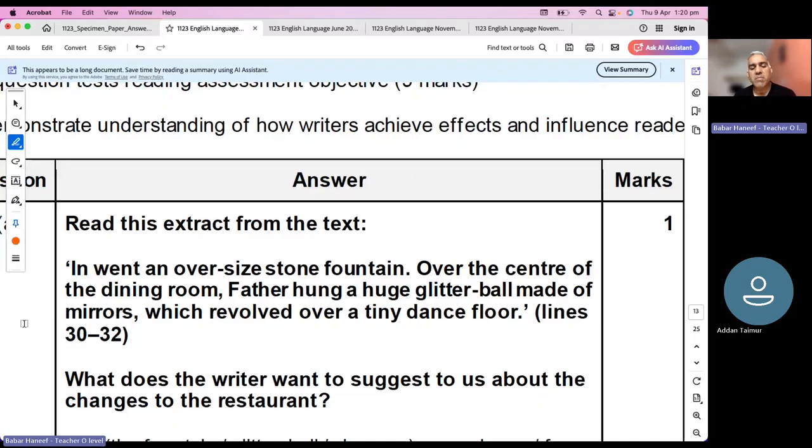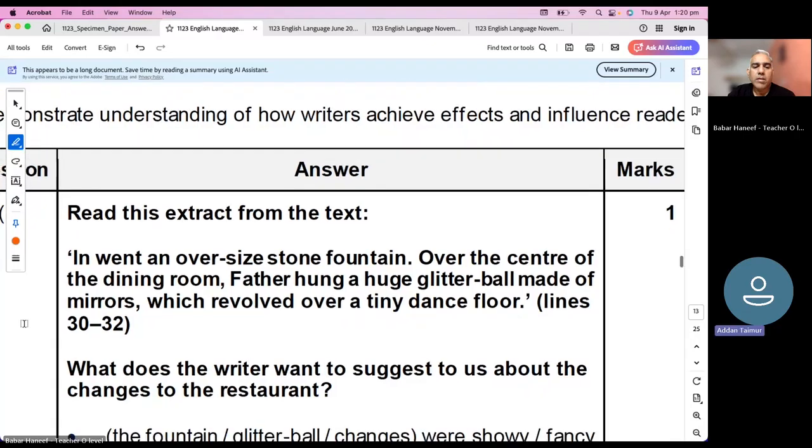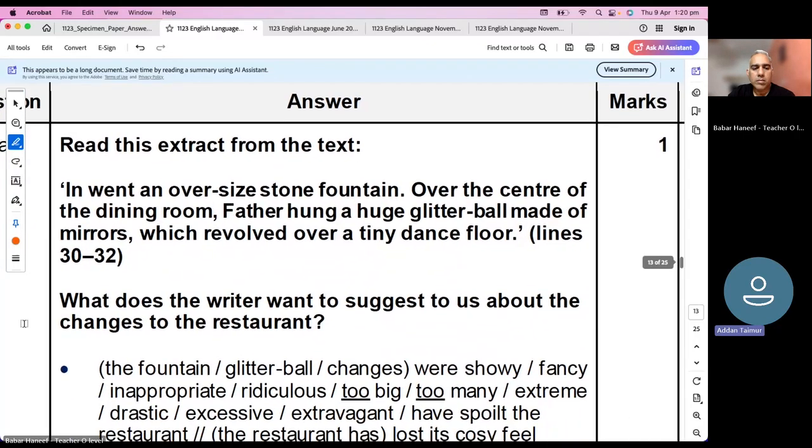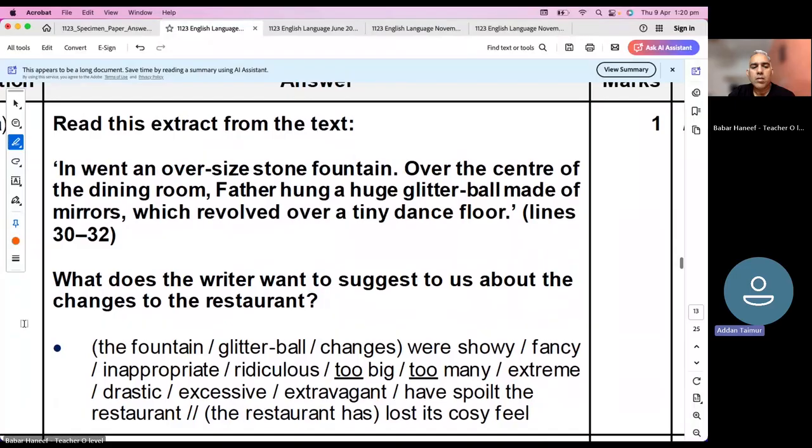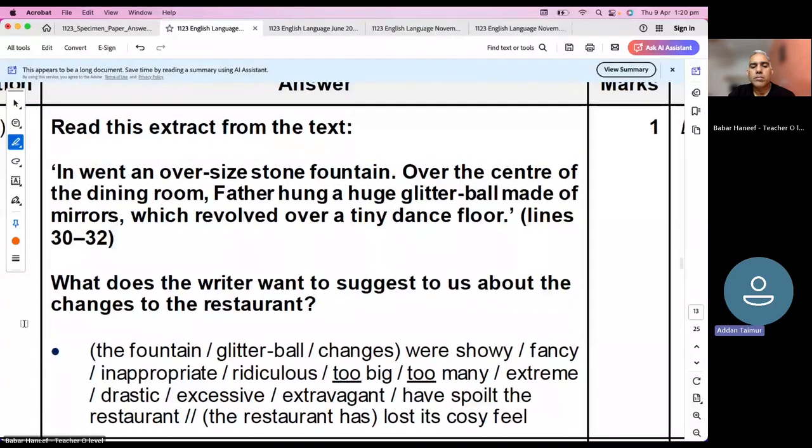What changes have been made? A new fountain was brought in, which was oversized, meaning it was really huge, and a glitter ball made of mirrors was hung and revolved, basically it was moving.